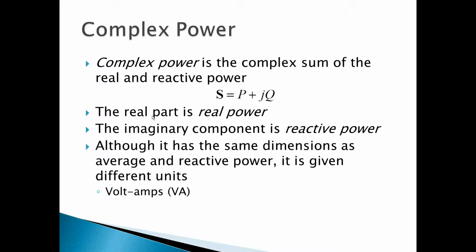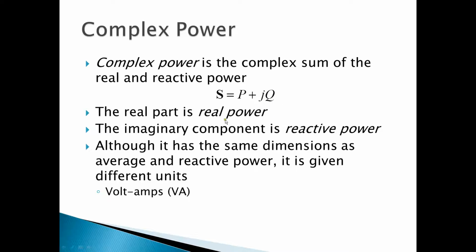The complex power term is the sum of the real and the reactive power as a complex vector. So you can probably see where we're going with this. We can use complex relationships with our phasor representations to tell us about the power that occurs within a system. So the complex power is the real power part plus the imaginary number multiplied by the reactive power.